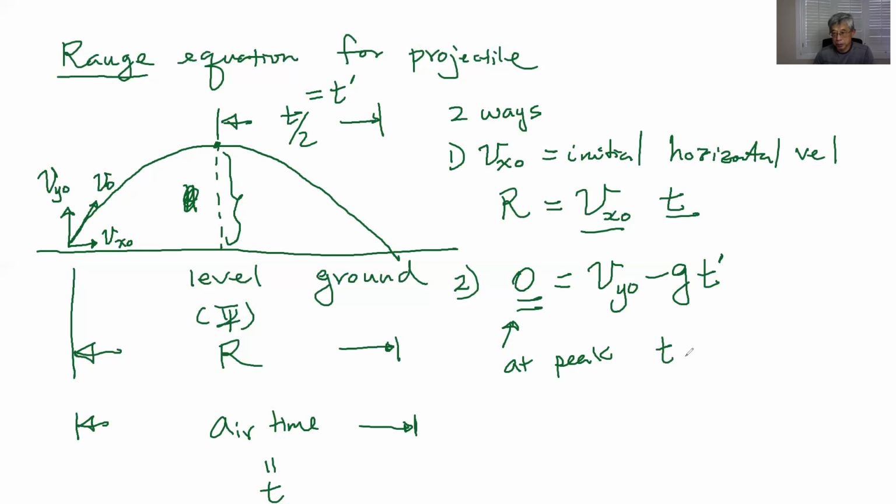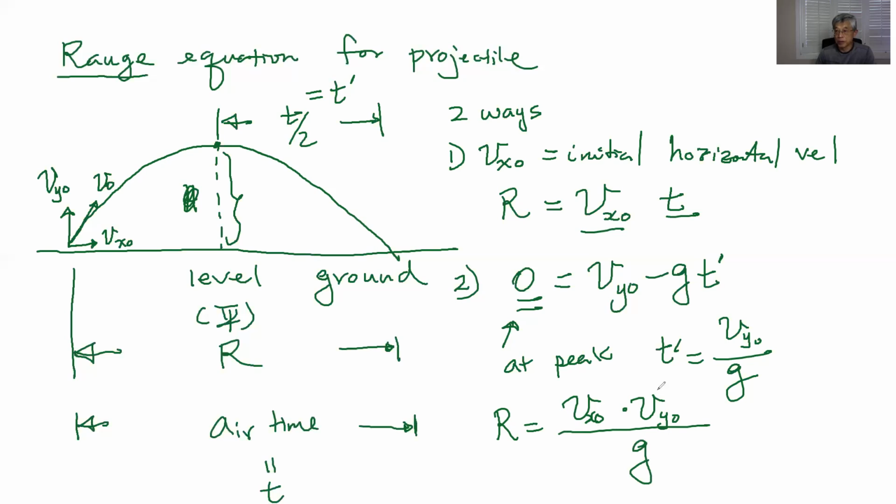T prime is equal to Vy0 divided by G. Okay. So then we can put this one into here, right? And T is equal to 2T prime. So then now R is equal to Vx0 times Vy0 divided by G, right? But you have a 2, right? You have a 2 because T is equal to 2T prime. So I put 2 there. So there's the 2 right there.